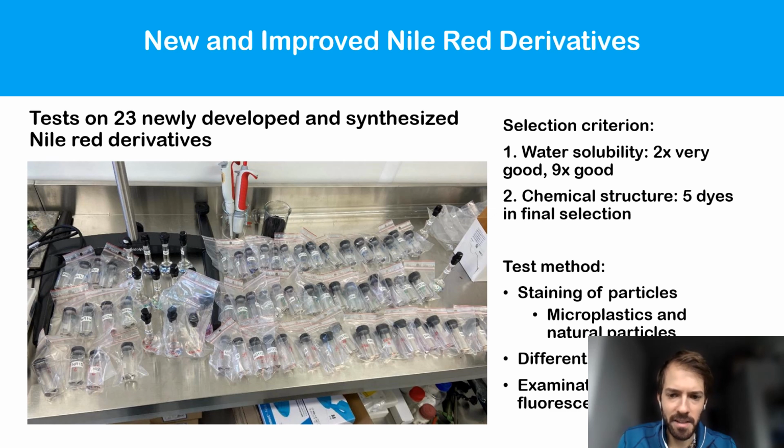Before we tested them, we selected some dyes due to their water solubility and chemical structure, and then tested these most promising dyes by staining different microplastics, different polymers, and different natural particles to see how strong the fluorescent signals are with microplastics, how strong the fluorescent signals are with natural particles, and how well we can separate between microplastics and natural particles, to not generate the risk of false positives by natural particles while being able to detect microplastics reliably. So this is the stain we used. It's a newly developed Nile red derivative.